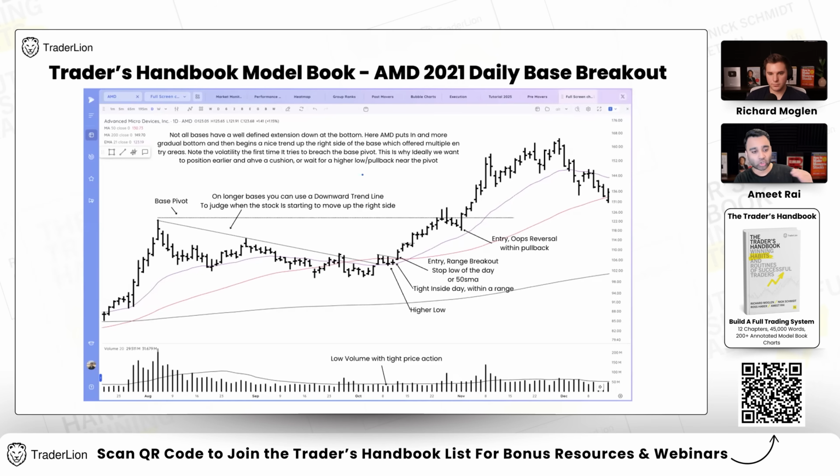Consolidation pivots are earlier up in the right side of a base, whereas base pivot entries that used to work 10, 15, 20 years ago, where you simply wait for the base to finish and you buy that day, are less likely to succeed in current markets. So that's how traders come up with new entry areas, new methods as we go up the right side.